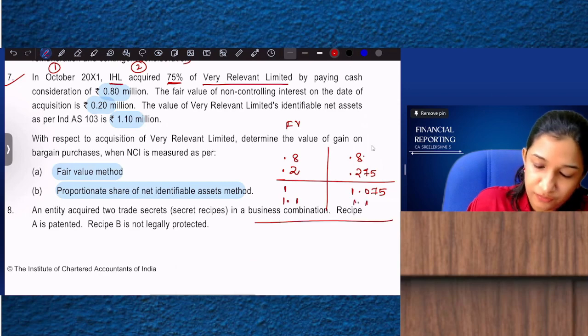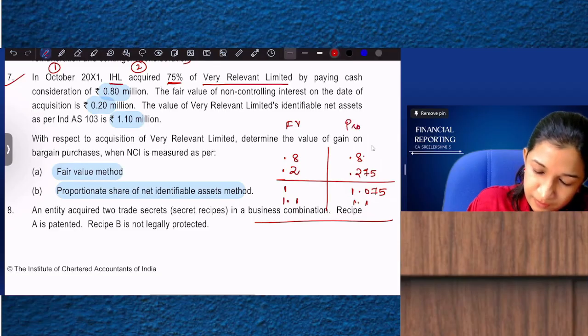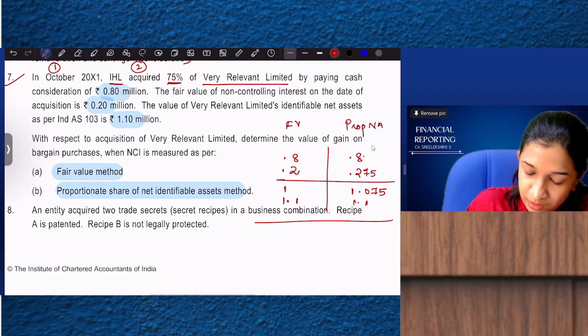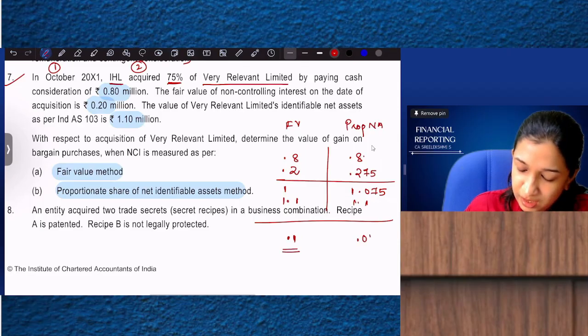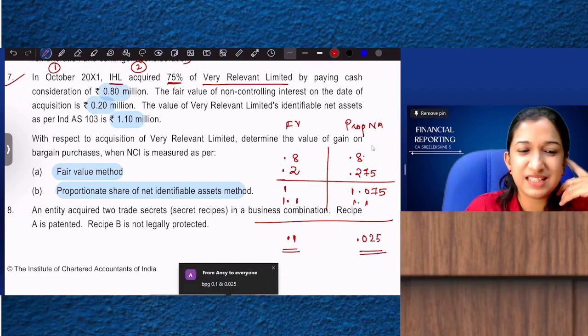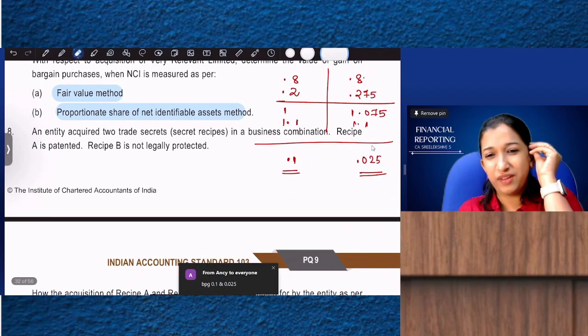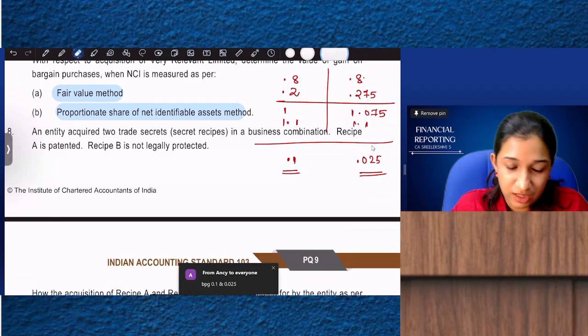So if it is the proportionate net assets, bargain purchase gain is 0.025. Here, with fair value, bargain purchase gain is 0.1. As I said, we could have ignored this question if it was not a new one. Otherwise you will feel something new is there, but she didn't touch it.